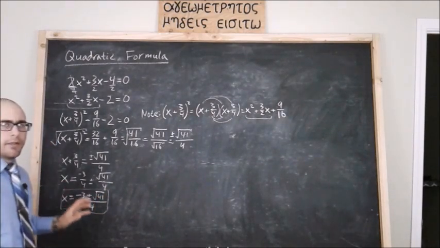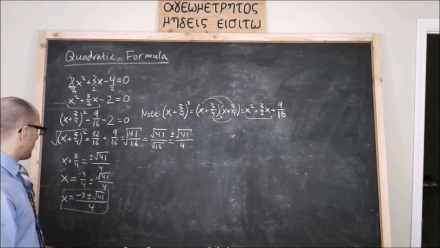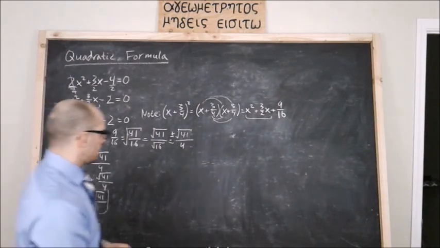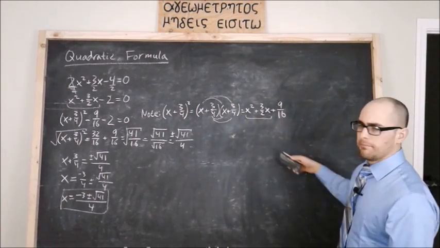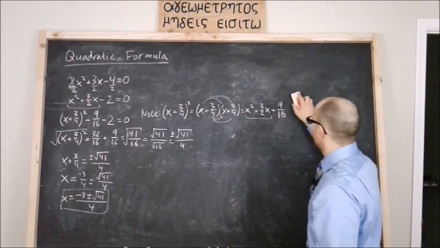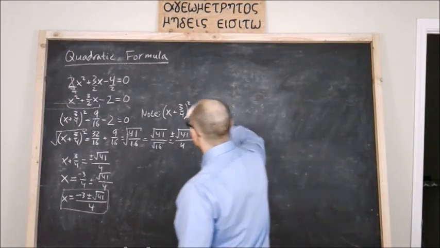Now remember in my video on completing the square, if you're taking notes, pause the video and write this down. I'm going to erase it so we have more room.